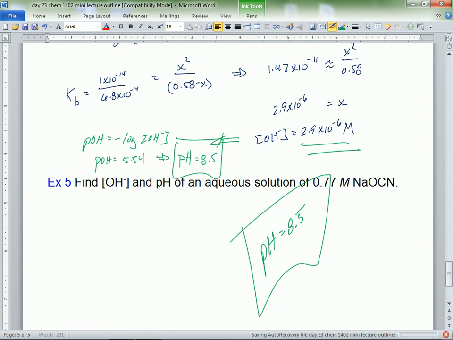No, 8.7. Oh, this is x squared over, you have 0.77 here. Oh yeah, I'm thinking right. So you'll take this times 0.77 and then take the square root and you'll have it. Okay.